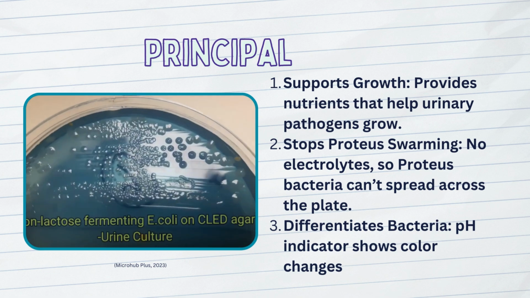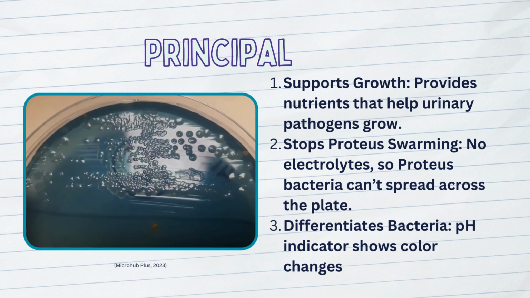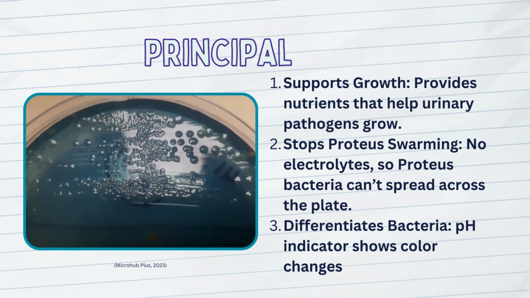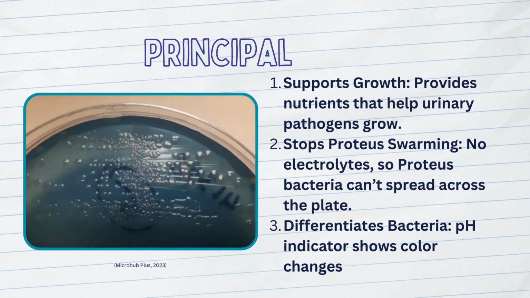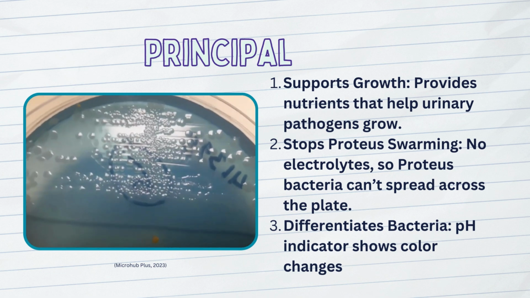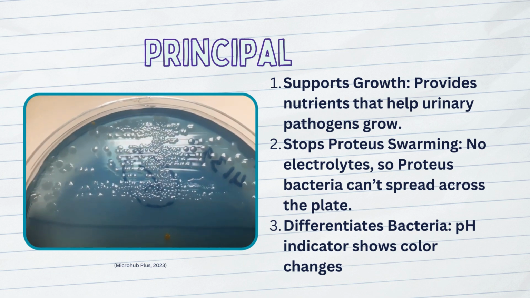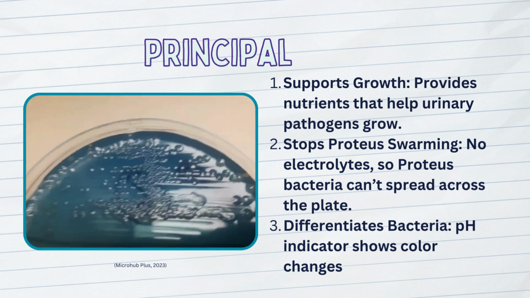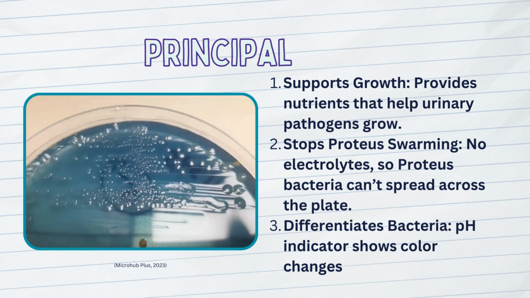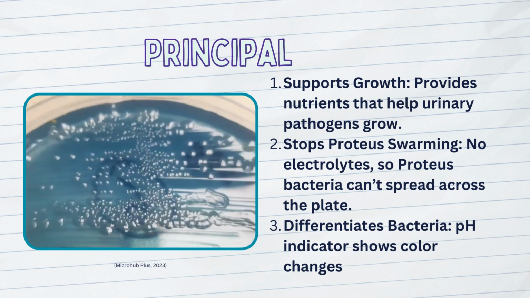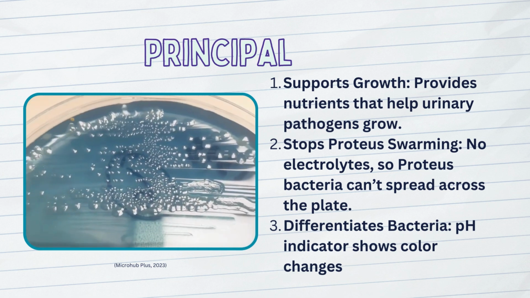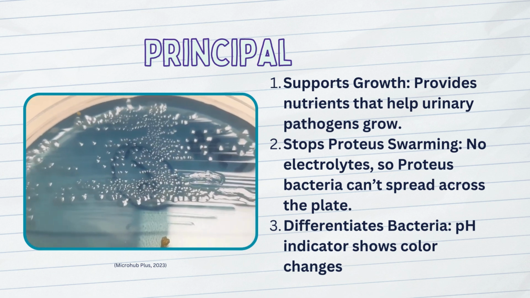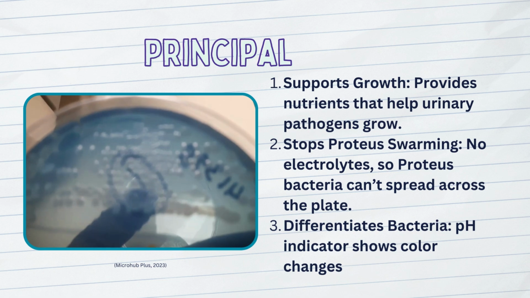Something very important to note is in a situation where maybe CLED Agar is unavailable due to a shortage, you can use McConkey Agar, preferably without salt, because McConkey with salt is going to inhibit the growth of gram-positive pathogens.